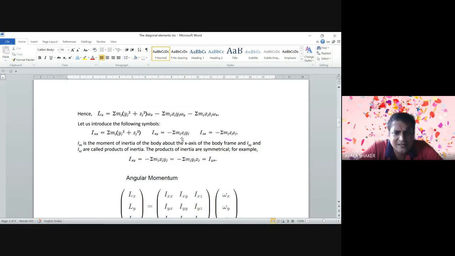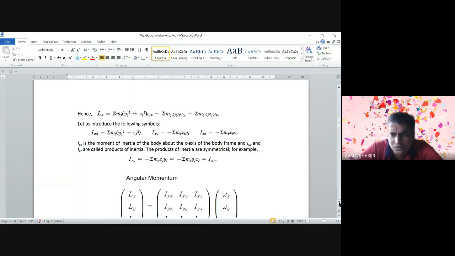So you will generalize it, and then these are the principal moments, and these are the product moments. And similarly you can see here that Ixy is equal to Iyx, because you will get the symmetric terms, so it will give you the same result.